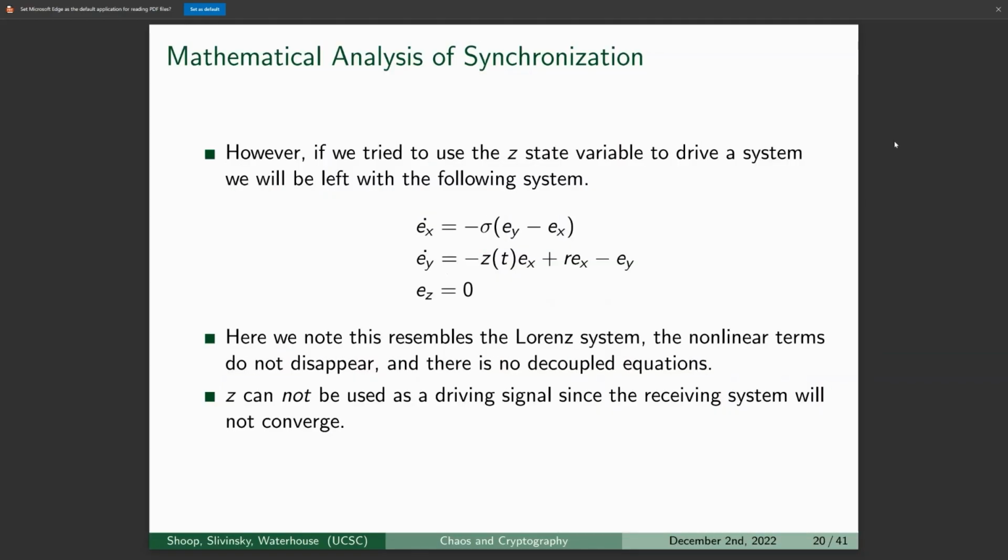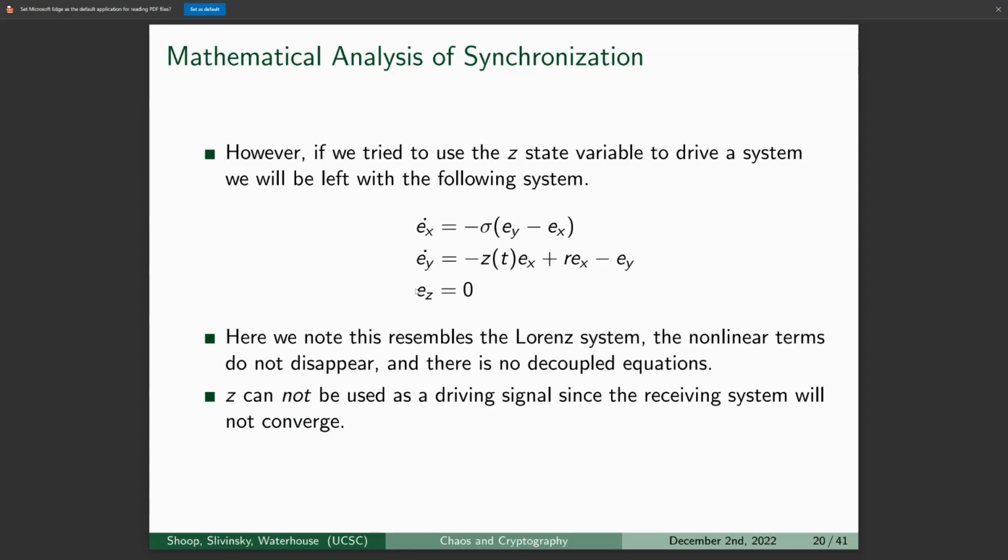Now we can look at and see, well, can z be used as a driving variable? And it comes up with a messier system of equations, and also a system of equations that looks just like the Lorenz system. As you can see, the E sub x dot is the x dot part of the Lorenz system, and then the same with the y.